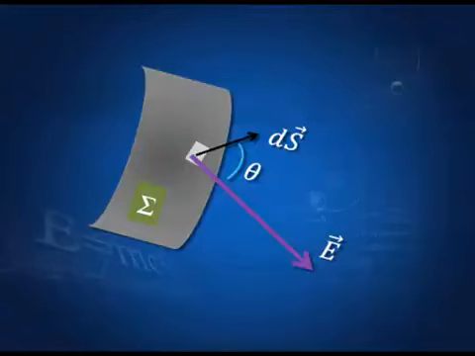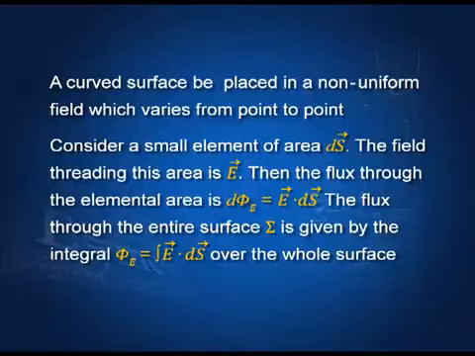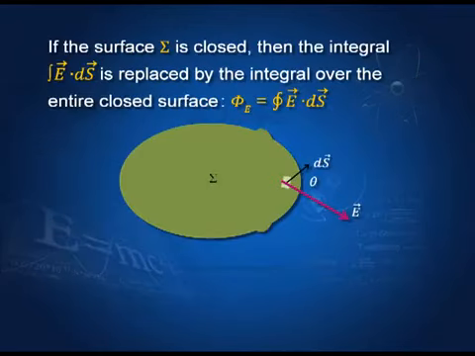Then the flux through this elemental area dS is E dot dS, and the flux through the entire surface is simply the integral of E dot dS. And if the surface is closed, then the integral E dot dS is replaced by the integral over the entire surface. That is, the flux now is the integral over the entire surface of E dot dS.